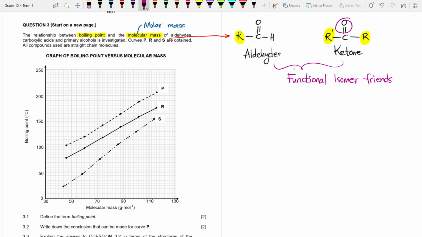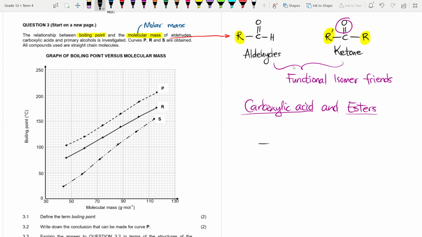Another functional isomer pair is carboxylic acid and esters. If ever you see questions where they give you an aldehyde and ask for the letter that represents a functional isomer, you know immediately to look for a ketone. And if you have a carboxylic acid and they're looking for a functional isomer of that, you know that it should be an ester.